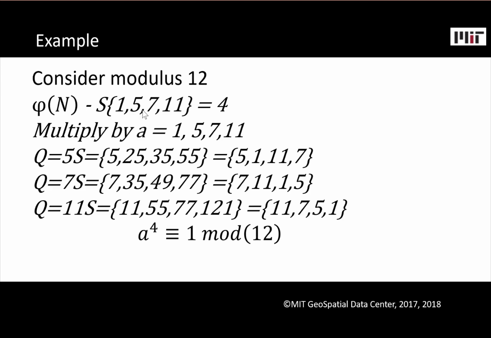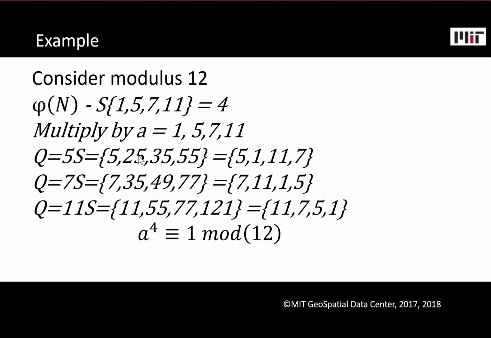Now, let's see what happens when we multiply through by some A. So we have S: 1, 5, 7, 11. Let's multiply every element of S by 5. So we get 5, 25, 35, 55. Well, if we look through here, we see 5.